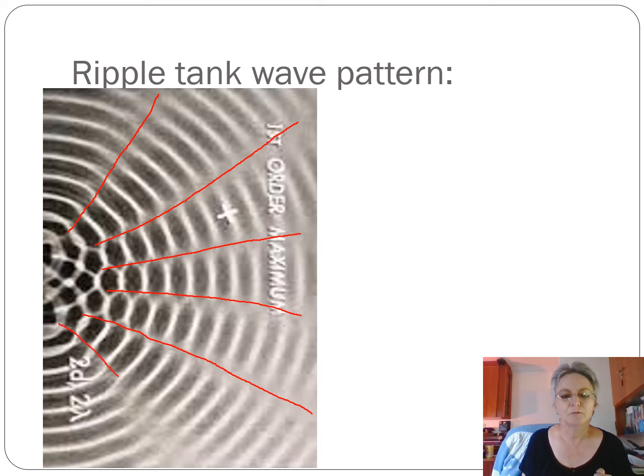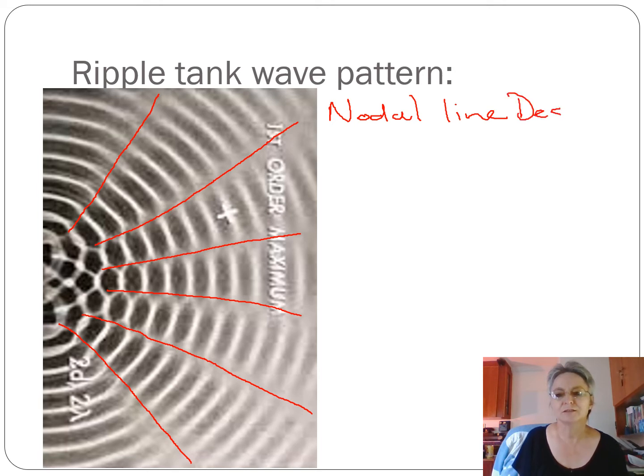They become these nodal lines. They're called nodal lines, and they are formed because of destructive interference. In between, you'll see a crest, trough, and they're much higher than what the original waves will be.